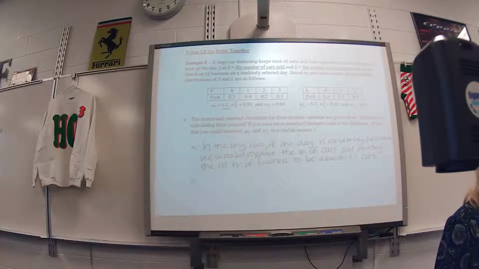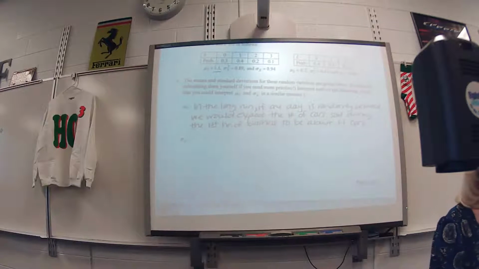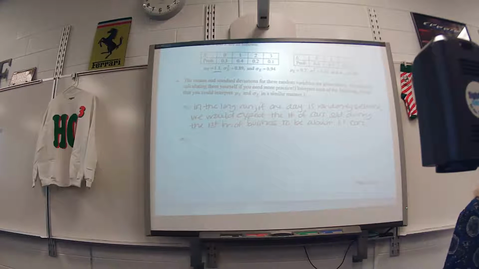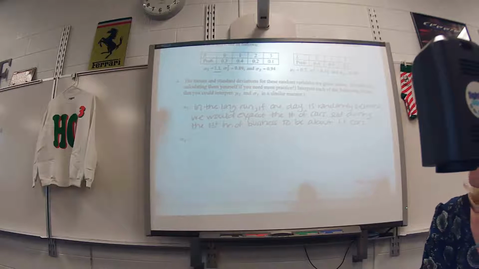Sigma, your standard deviation, means the same thing that it always has. Sigma is measuring the average distance from the mean. We're going to start with some of the same phrasing though.